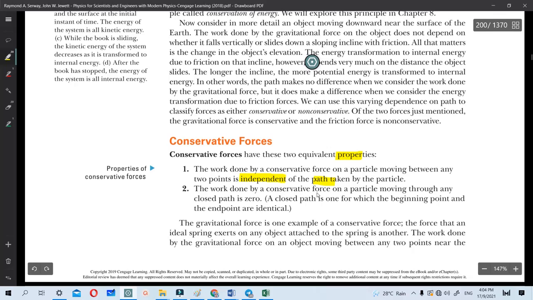So number 2 is less common. You will find that different books don't define this one. It says that if the path taken is a closed path, the net work done is equivalent to 0. So when you add all the amounts of work on the particle, you find that the total work is equivalent to 0.